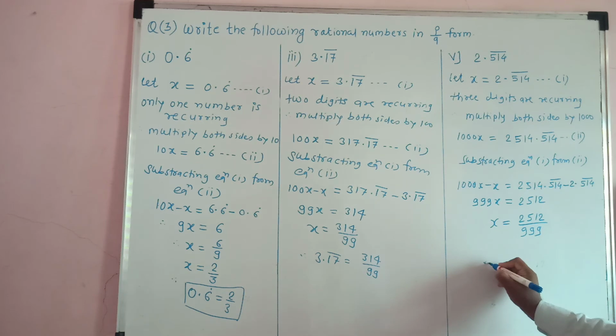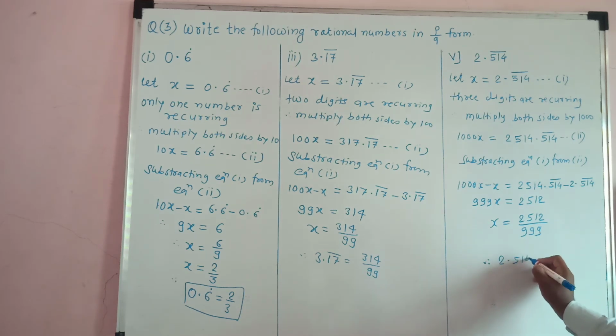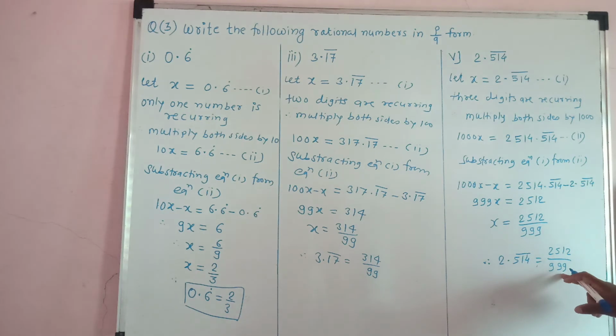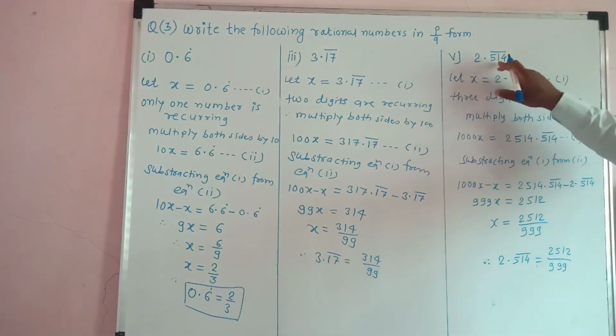Therefore, 2.514 bar is equal to 2512 upon 999. So this is p upon q form of this number.